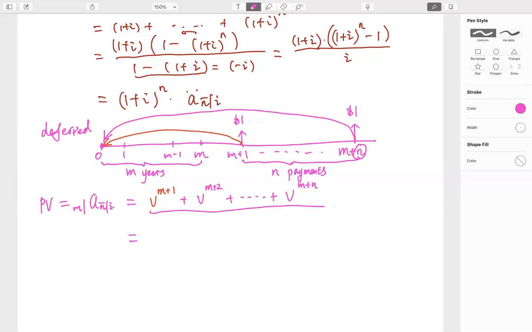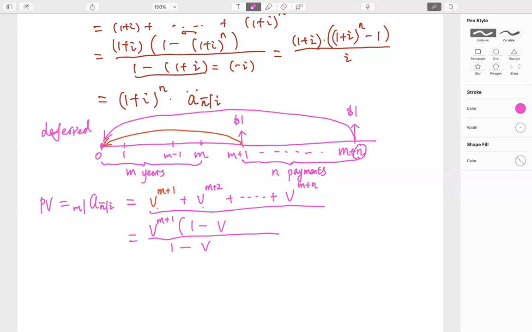So this is a geometric series. Right. So let's do it in a mathematical way. We can directly calculate the common ratio. The common ratio is the next one, let's say this divided by this. You get v, right? So my first term is v to the m plus 1 times 1 minus the common ratio, which is v.